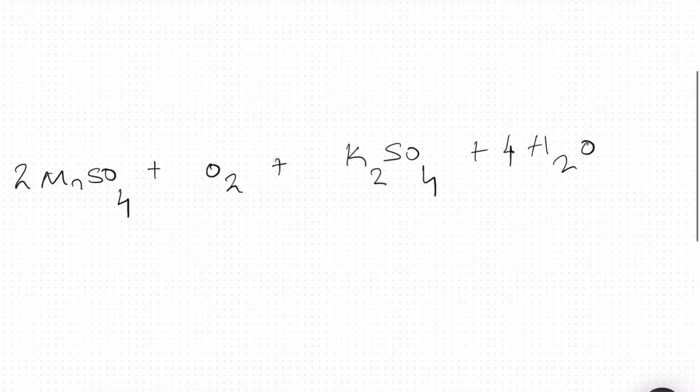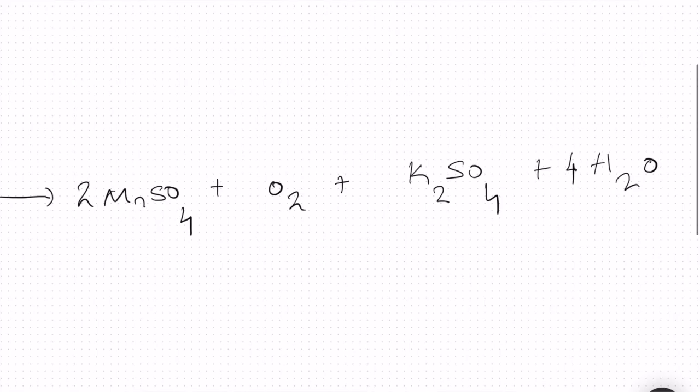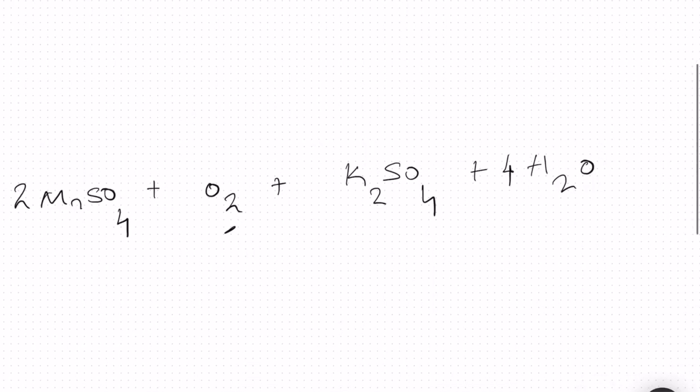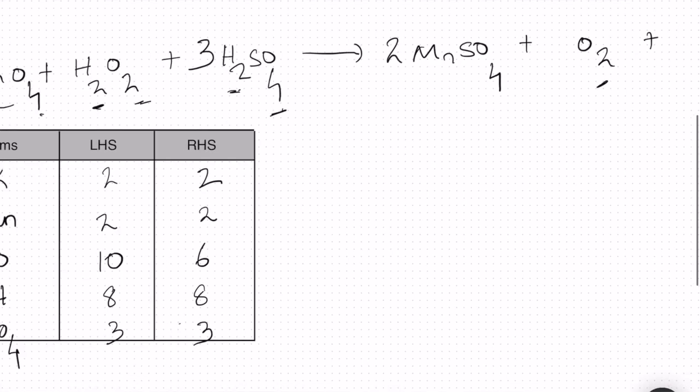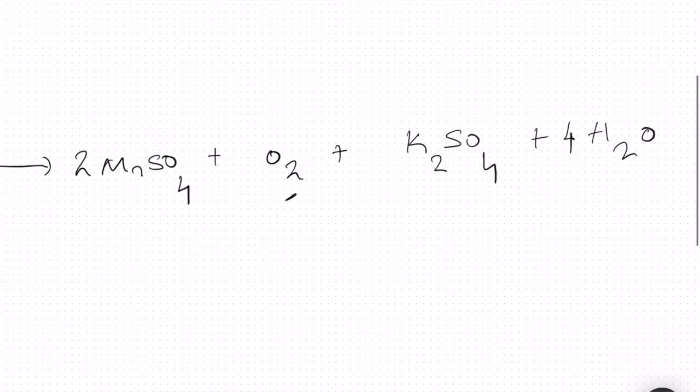Now the only thing that is left is to balance the oxygen atom. So we need to recount the number of oxygen atoms on the RHS because we just added 4 to the water compound. The total number of oxygen atoms on the right hand side is, we have O2 here and then we have 4 oxygen here. So that becomes 6. Now we have to find a coefficient that matches the LHS. So what do we do to make it 10?